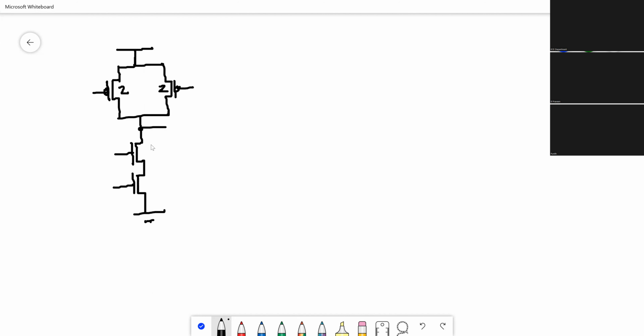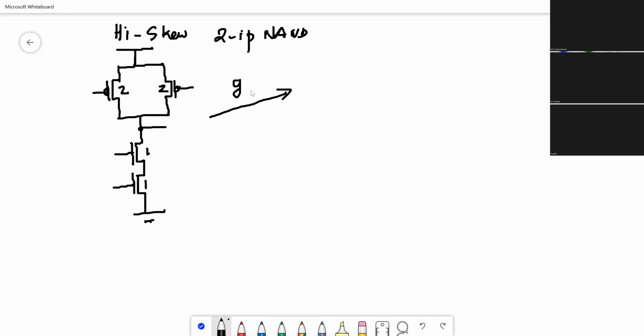Here we would have put again 2 and 2, but this is a high skew. We don't care about the high to low transition, so you put half of that. So you make it 1 and 1, and then you calculate the equivalent. So this is a high skew 2 input NAND gate.